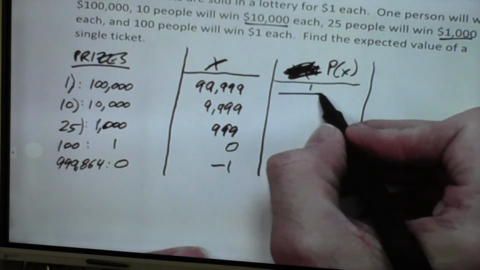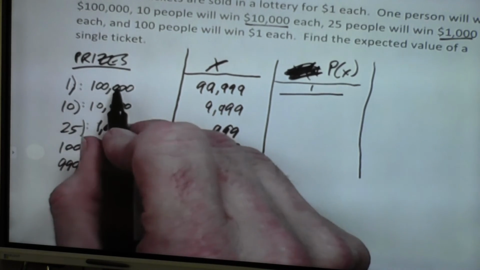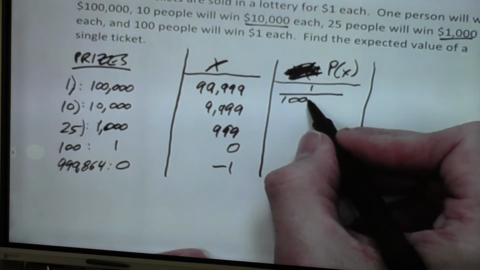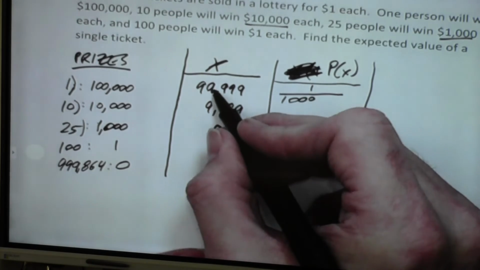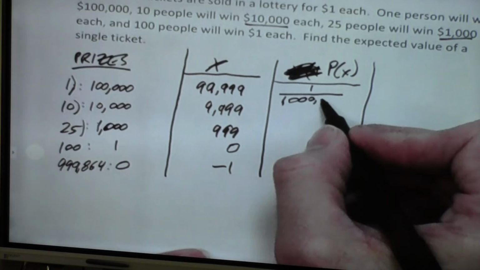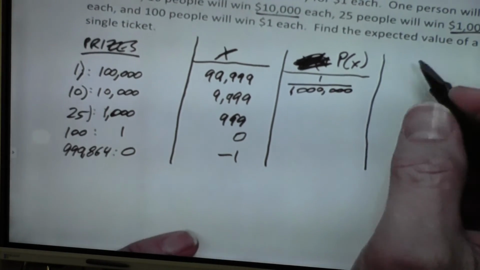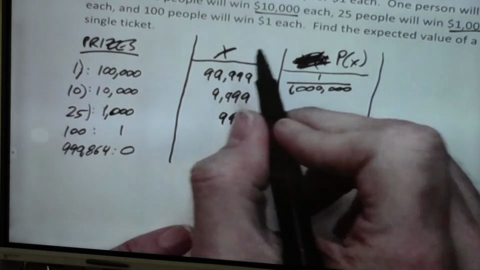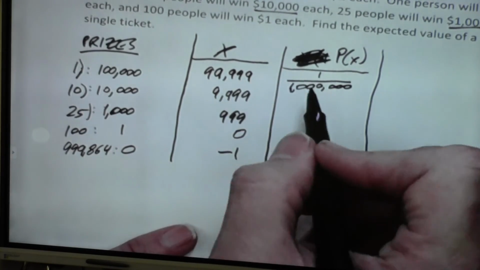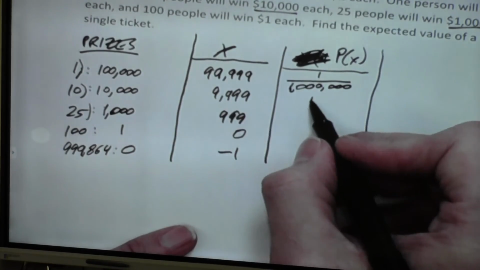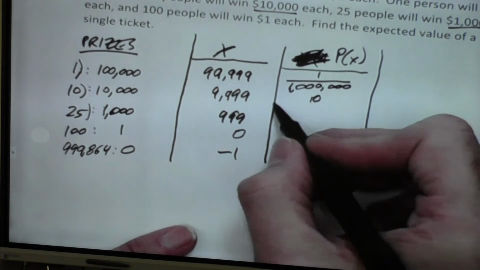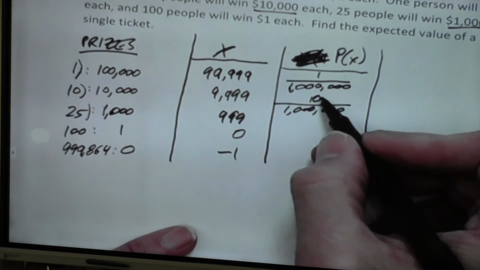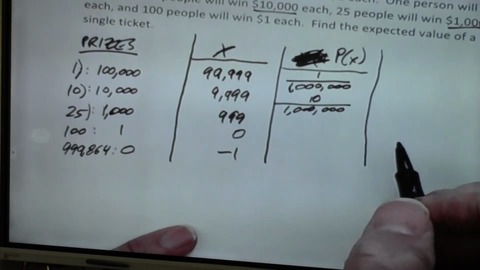It's going to be one person over the total amount of people. So one person gets this prize out of the 1 million tickets. We call it P of X, although it doesn't quite work as putting this number in and resulting in that. But let's do it. This one is 10 people over 1 million people. So 10 out of 1 million get that prize.